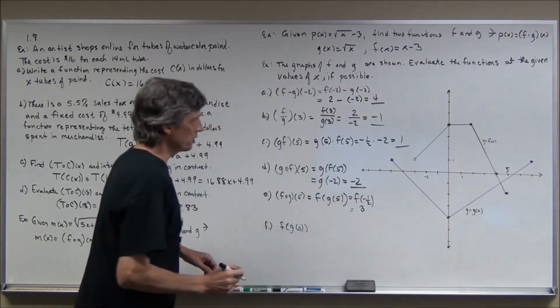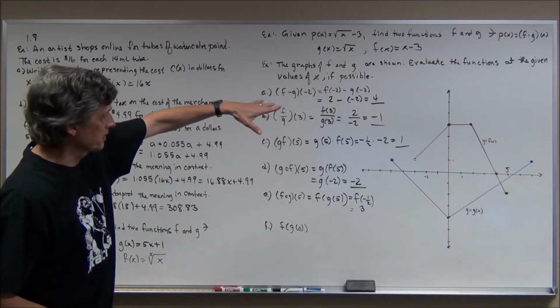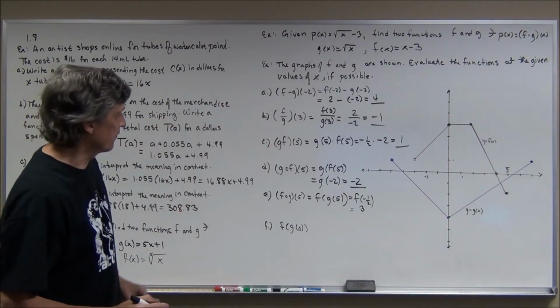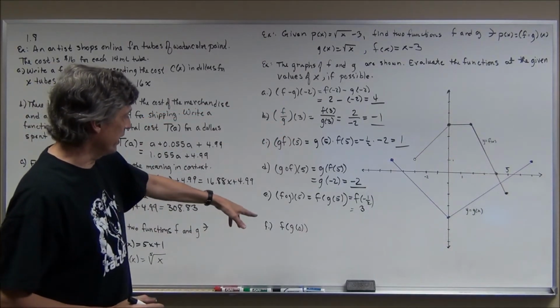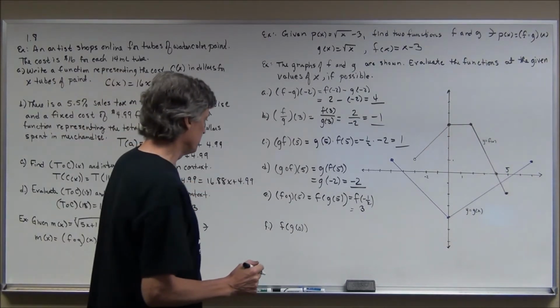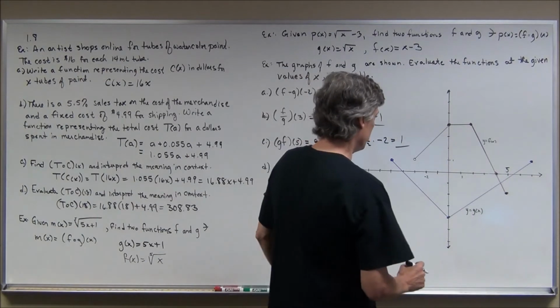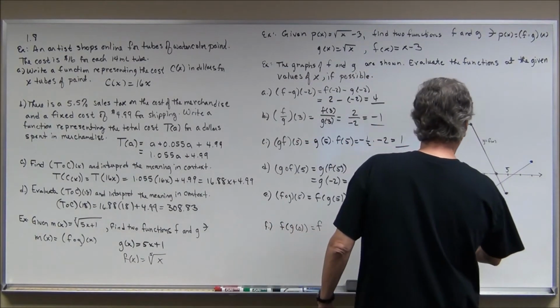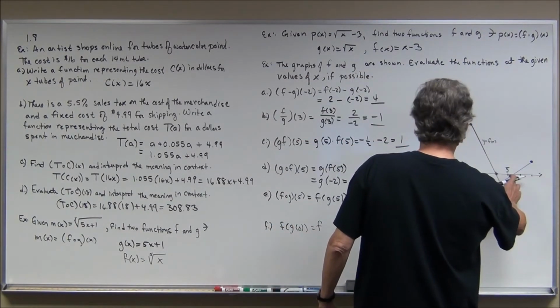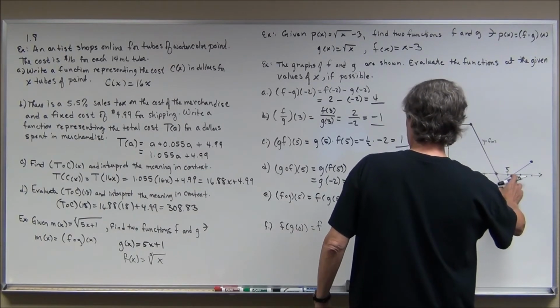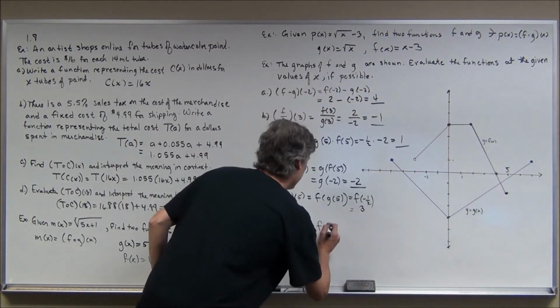So I'm just using the graph and estimating as best I can to find these y values. f of g of 0, let's see, g of 0 is what I have to do first.